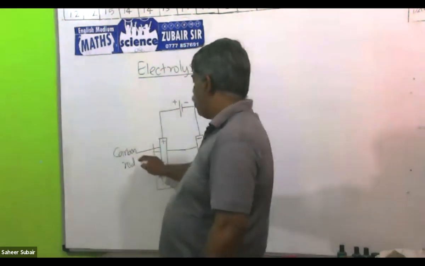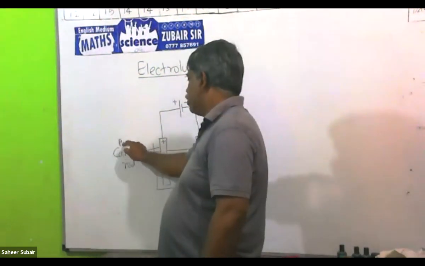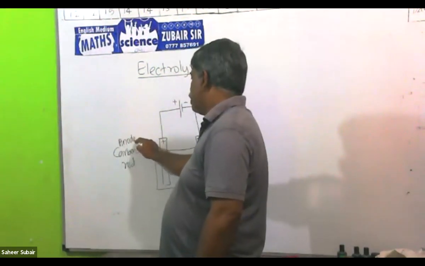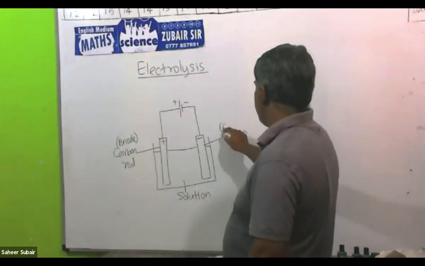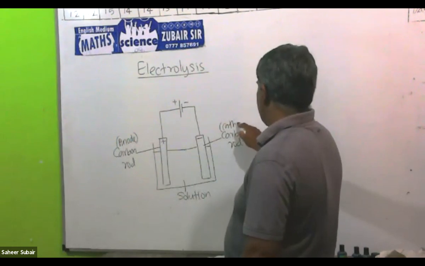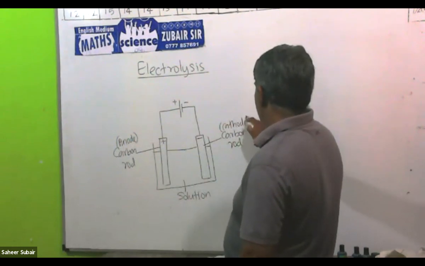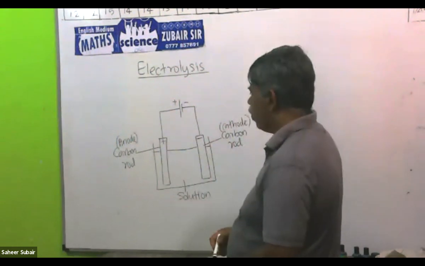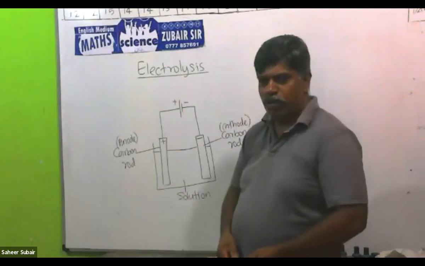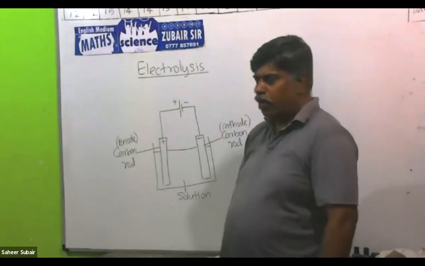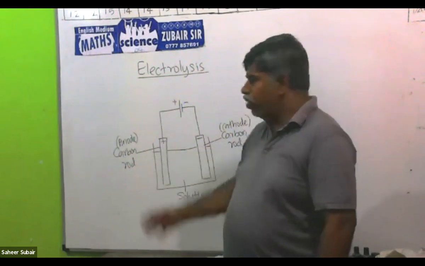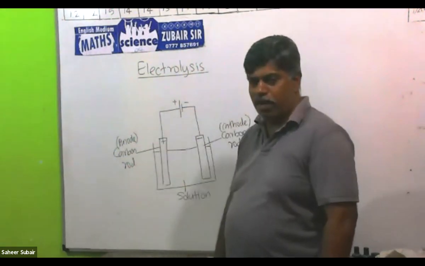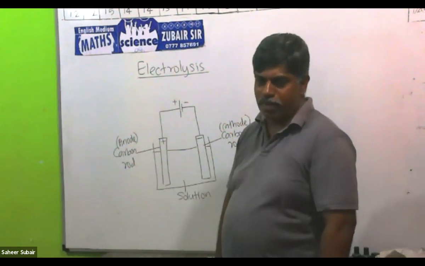Then the positive one is anode here. Negative one is cathode here. Earlier we told cathode is positive, anode is negative. In this system, anode gets plus, cathode gets minus, because we have connected an external cell. According to that only it is decided.